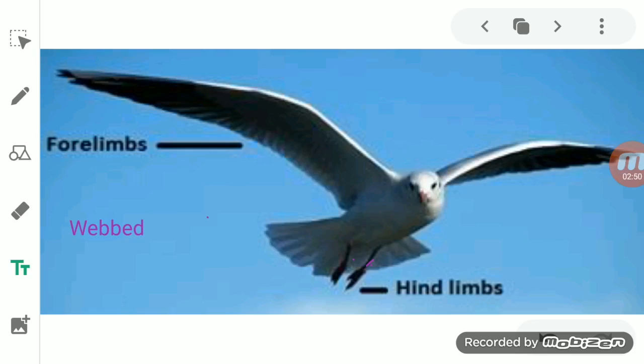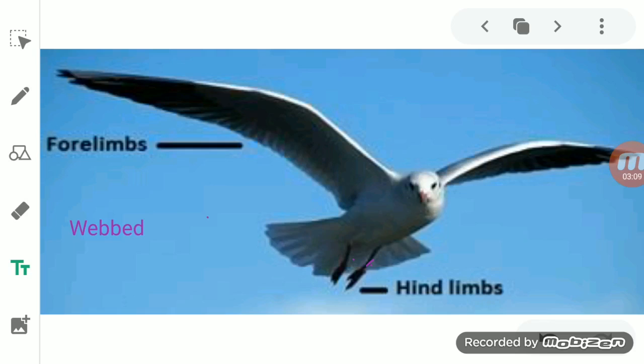So webbed feet, like that of the duck or the birds which live in the water. They are able to swim in water just because of their feet. The webbed feet help them in swimming.